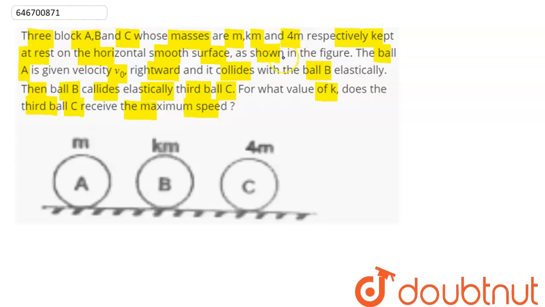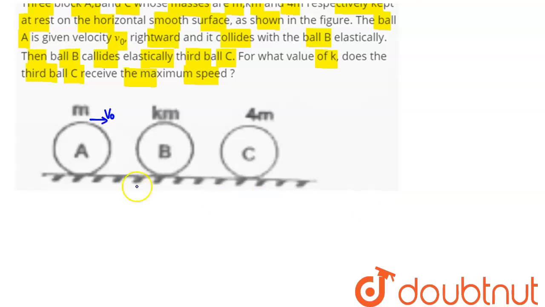So it is given that ball A initially has been given a velocity v0, such that on first collision with ball B, colliding elastically, after the collision ball A has velocity v1 and ball B has velocity v2.